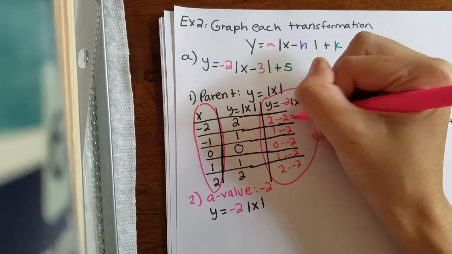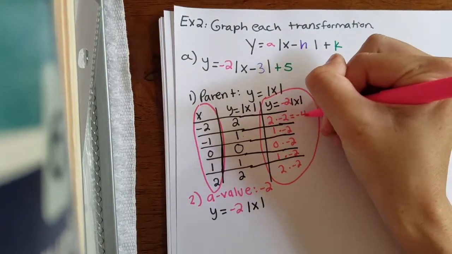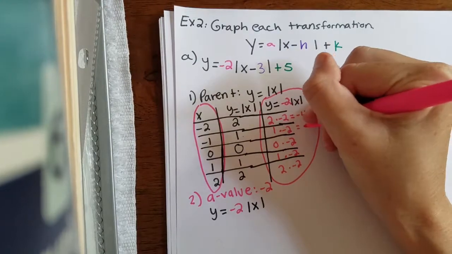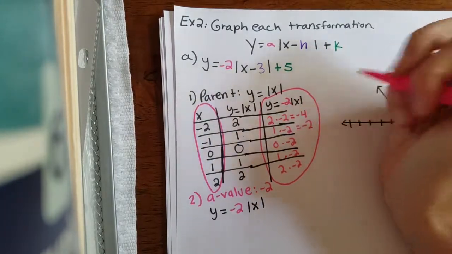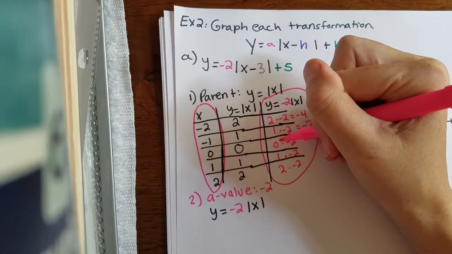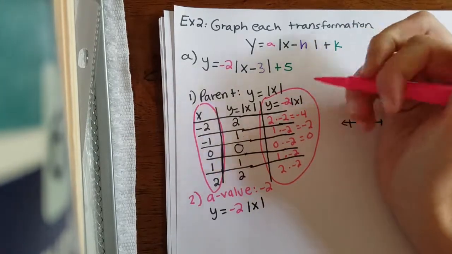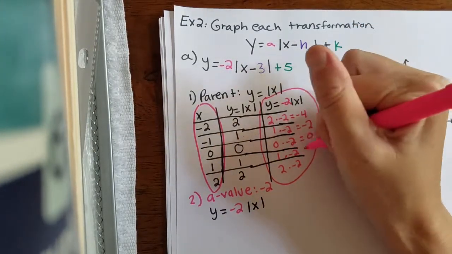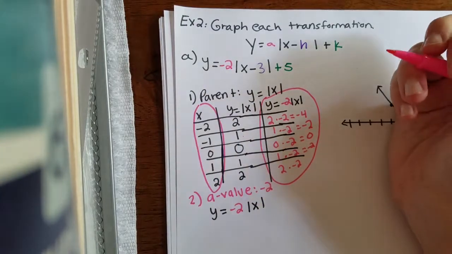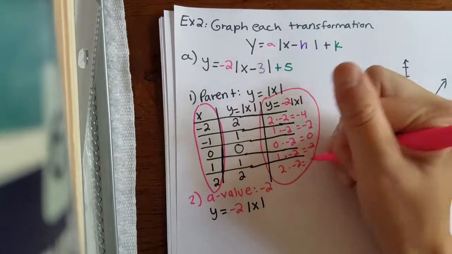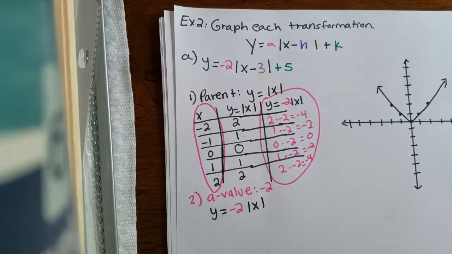So my first y value, 2 times negative 2 is negative 4. My second y value, 1 times negative 2 is negative 2. My next y value, 0 times negative 2 is 0. My next y value, 1 times negative 2 is negative 2. And my final y value, 2 times negative 2 is negative 4.